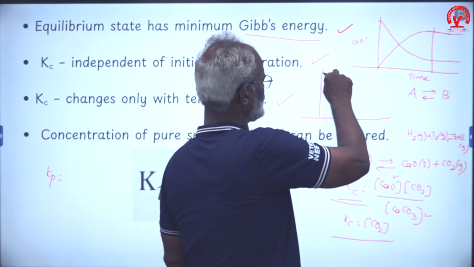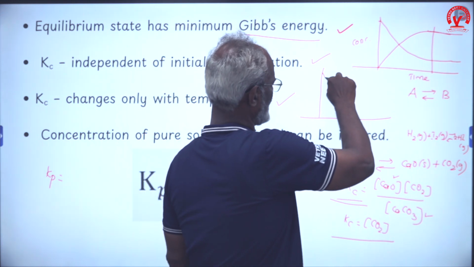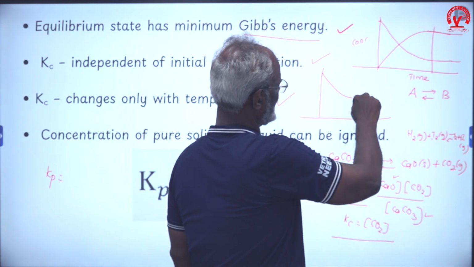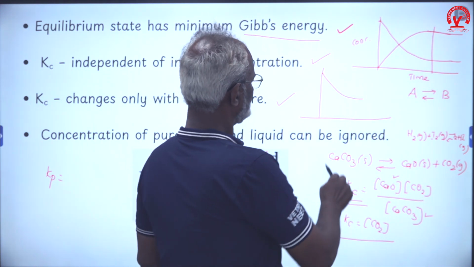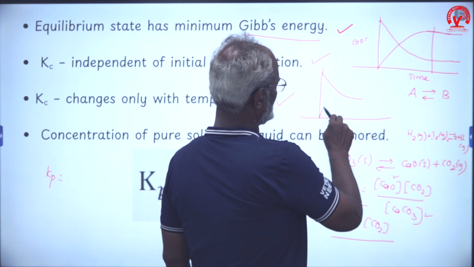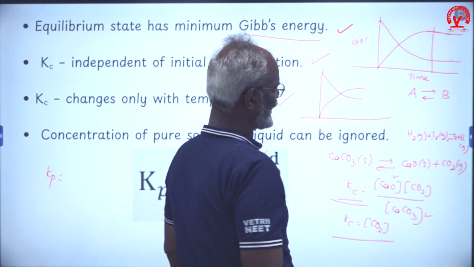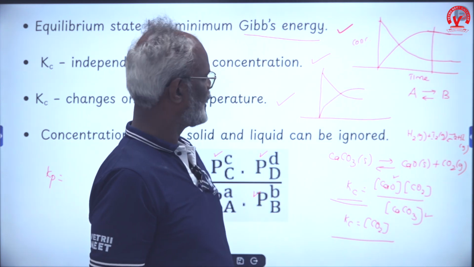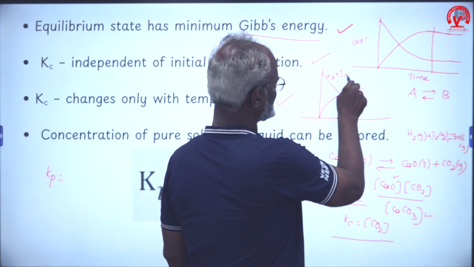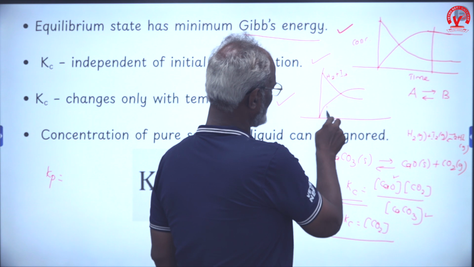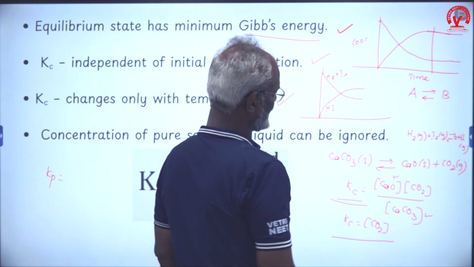Then H2 and I2 start from here and gradually decrease, and it again flattens. This is H2 plus I2, with concentrations stoichiometrically taken. This other curve is the concentration of HI, which increases.